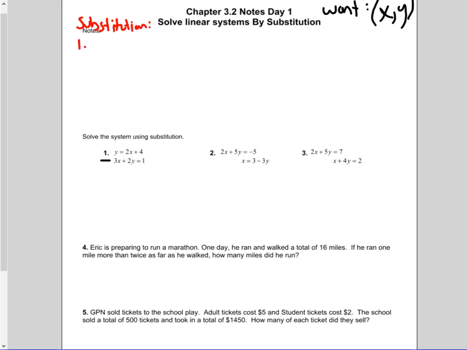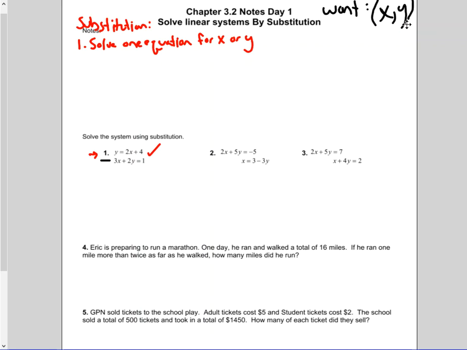Step 1 is to solve one of your two equations for x or for y. You should solve for whichever variable is going to be easier and save you a lot of time. So in this first equation, in problem number 1, we have already solved for y in that first equation. So we are already set. Yay! Awesome, that is great news.